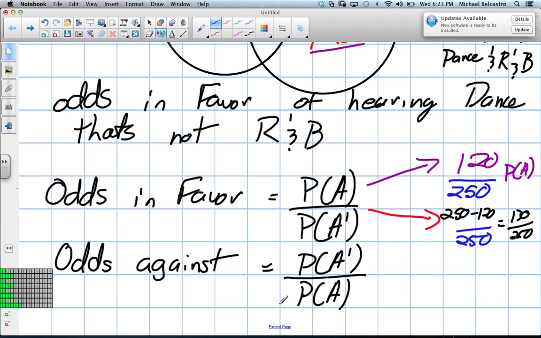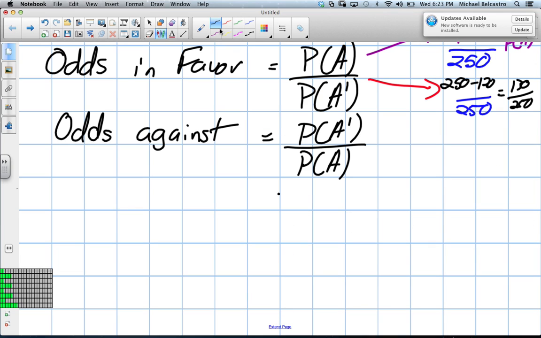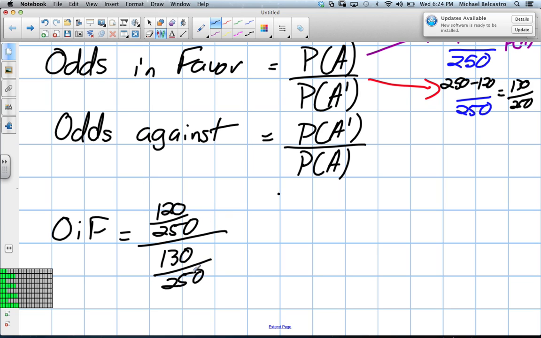Okay, so we're going to just work that out below these formulas. So we'll say OIF, we'll call that odds in favor. Well, the probability of the event happening was 120 divided by 250. And the probability of the event not happening was 130 divided by 250. That was not choosing a dance song. Because this fraction is a division sign working with two fractions, we're going to lay it out horizontally. That gives you 120 divided by 250 divided by 130 divided by 250.